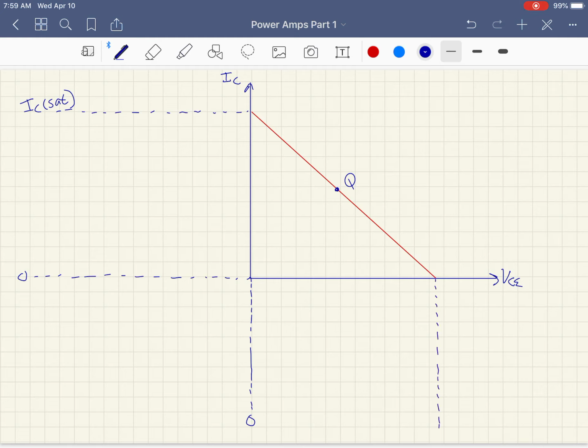And this right here is VCE cutoff. I'm going to draw a solid line extending here, and a solid line extending here. So far it's looking pretty good, at least for my artwork. Okay, and again, this is an AC load line.